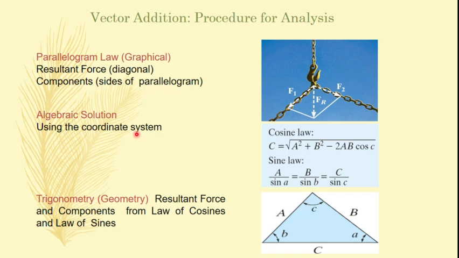We can also add two vectors by algebraic solution. We will discuss it later using the coordinate system, and also by geometry, that is from the law of cosines and law of sines. The two types of addition required for our case are the parallelogram law and the algebraic solution.